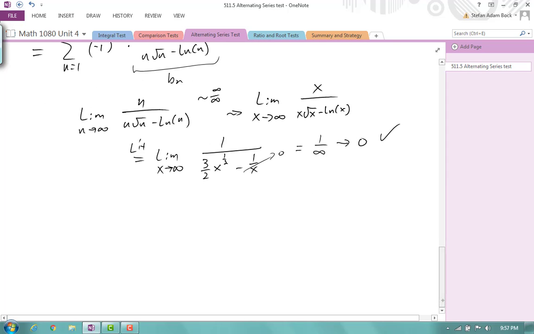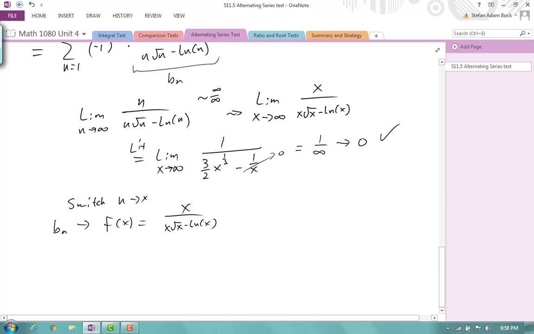Now what I need to do is make sure that these b sub n's are decreasing. And that looks really hard to do by comparing general terms, so what I'm going to do is switch it over to x's. I switch it over to a function of the real numbers. So b sub n becomes f of x equal to x over x root x minus natural log of x.